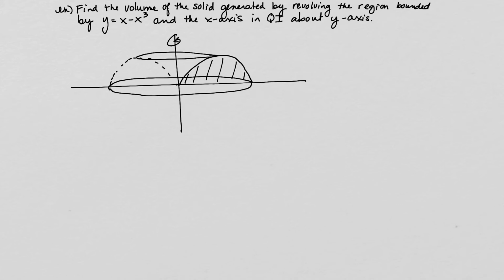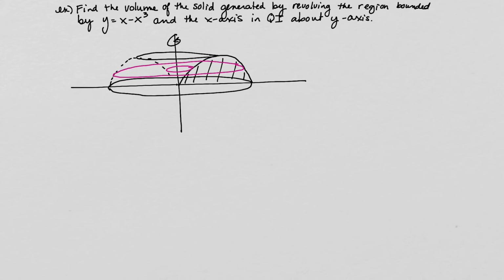A lot of times when I do these problems, people ask, couldn't you just use washers? So don't copy this down, but I'm going to draw a washer and then undo it, to show you the problem if you tried to use washers on this. Here would be my washer.